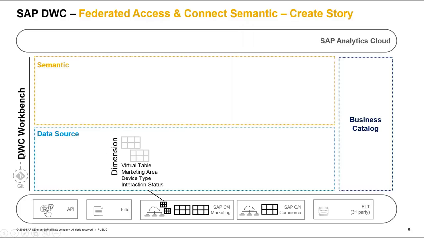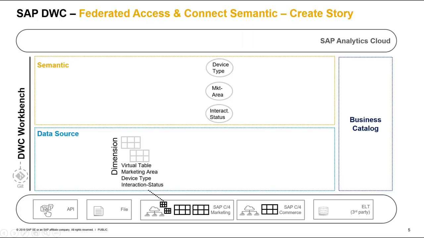Data Warehouse Cloud is smart enough to also generate on the semantic layer virtual objects according to the dimension objects, which would be interaction status as a virtual object, which also provides the interaction and connectivity to the dimension virtual table interaction status. And the same is true for the marketing area and also the device type.